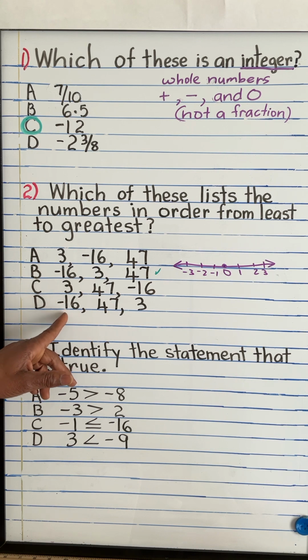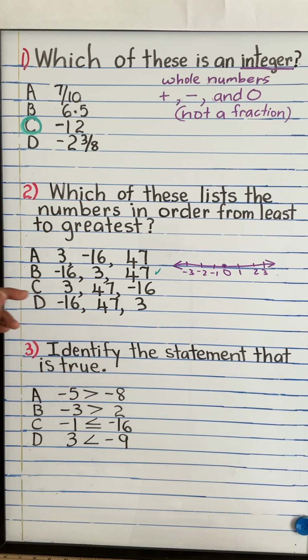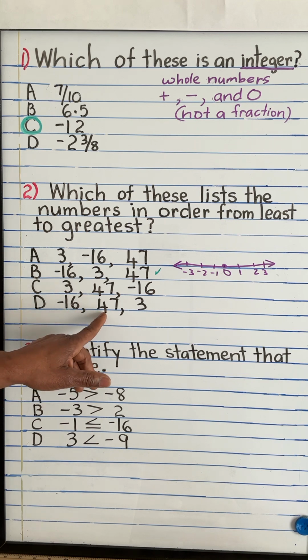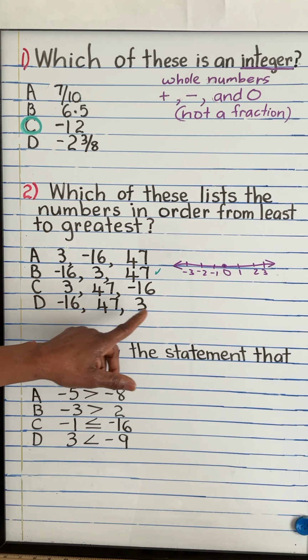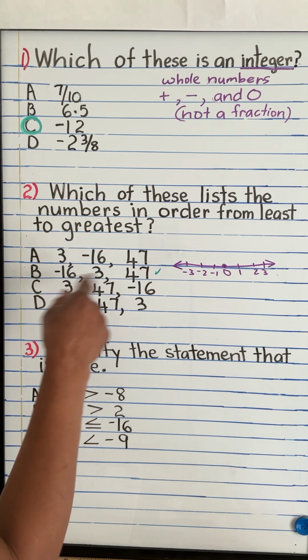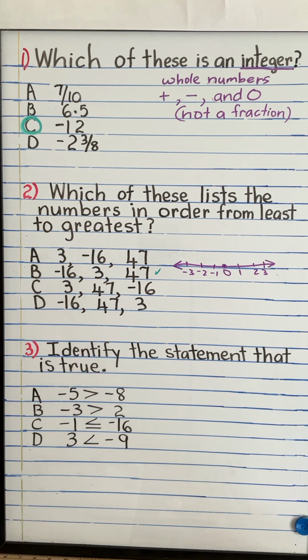Negative 16, as we have already established, would be on this side, the least, and then 47 is greater than 3, so 47 would be here and 3 would be here. So we go right back to our second option, which is the correct choice.